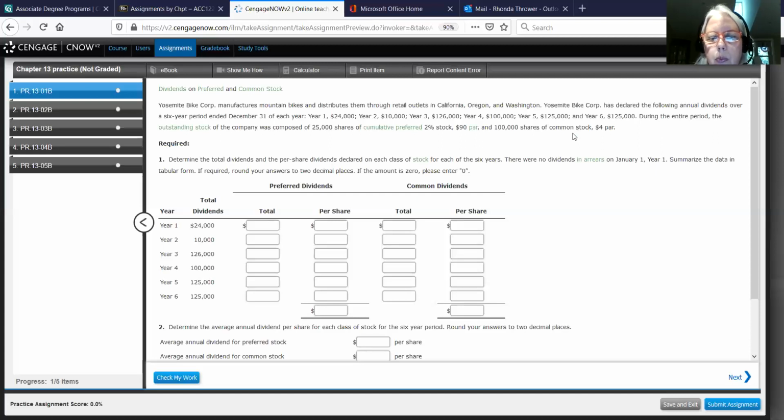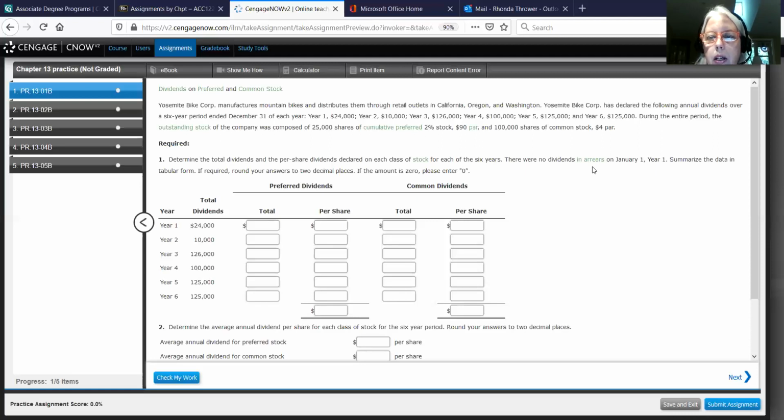In this problem, we're mainly going to be calculating dividends. In requirement number 1, we want you to determine the total dividends and the per share dividends declared on each class of stock for each of the 6 years. There were no dividends in arrears. Again, arrears means dividends that were owed previously to our preferred stockholders.